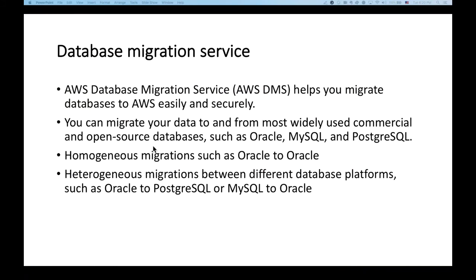RDS is the Relational Database Service, so you can use Database Migration Service. And if you have Oracle and want to move to PostgreSQL or MySQL, or you have Microsoft SQL Server and want to move to Postgres or MySQL, you can use Database Migration Service.